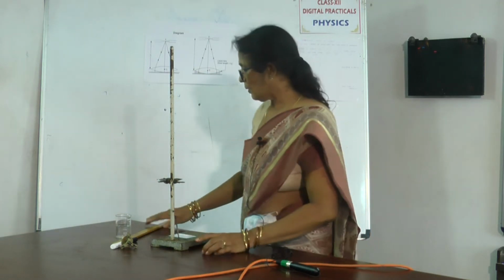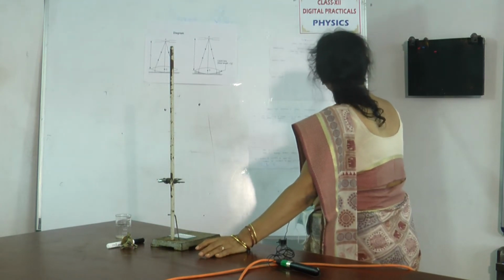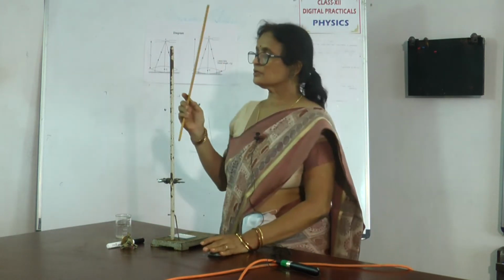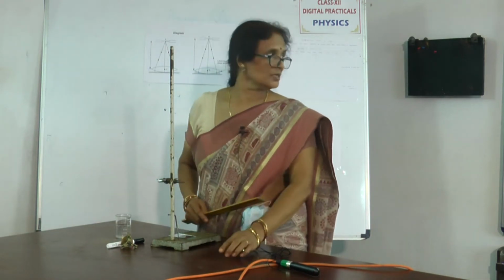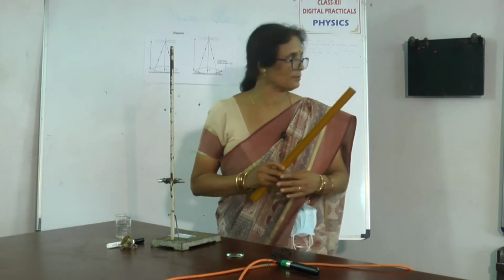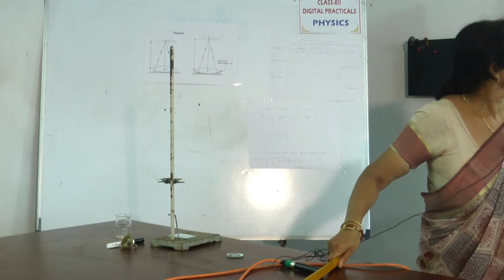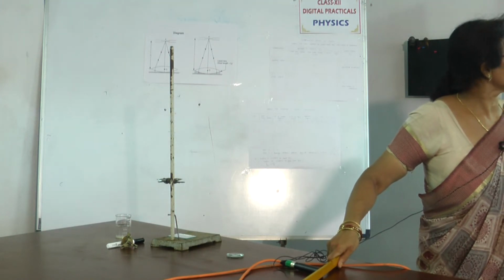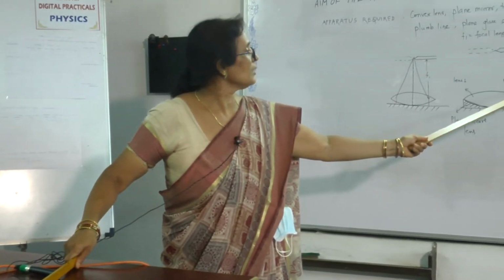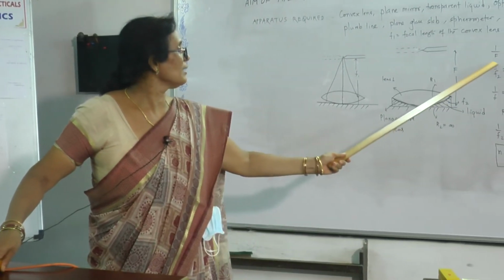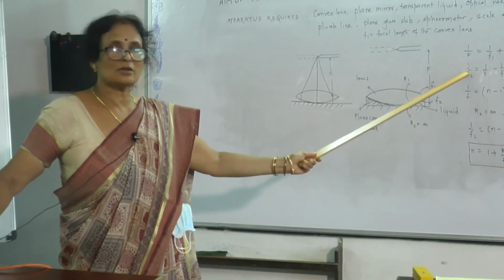So you found the focal length of the combination and the focal length of the lens. Using the formula, as the lenses are combined together, the powers of the lenses get added: 1 by F is equal to 1 by f1 plus 1 by f2, as written here. You got the focal length of the combination, that is capital F. You got the focal length of the lens only, that is f1, from which you can find 1 by f2, that is the power of the water lens only.